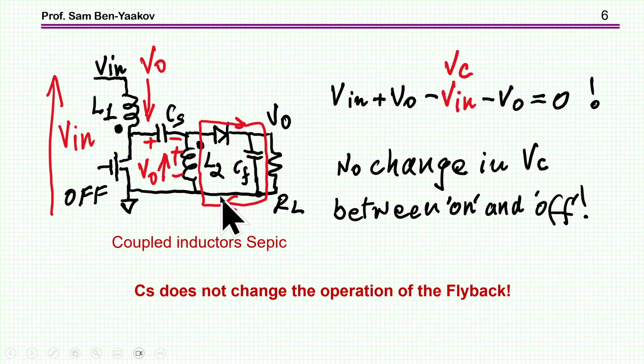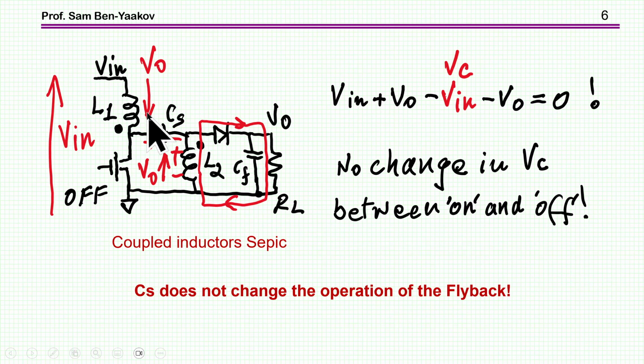Now I'm considering the situation in which the transistor is off. At this stage, of course, the current is coming off the secondary to the output, but I'm now looking at this loop here of voltages, okay? So we start with V in, and then we have a drop of this primary inductor. Now the voltage here is a reflection of the voltage here, which is clamped to the output.